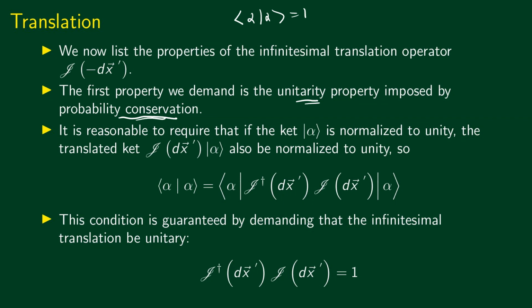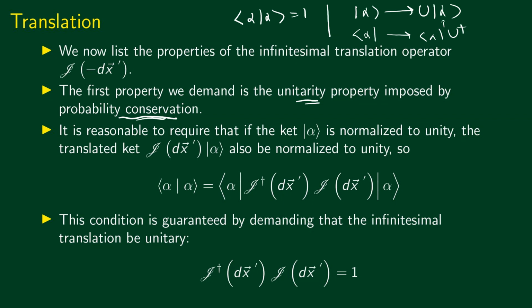Now this property is famously satisfied by unitary transformations. Unitary transformations are important in quantum mechanics. Suppose a state ket alpha is transformed to U ket alpha. It could be any unitary transformation. Then bra alpha would go to bra alpha U dagger.